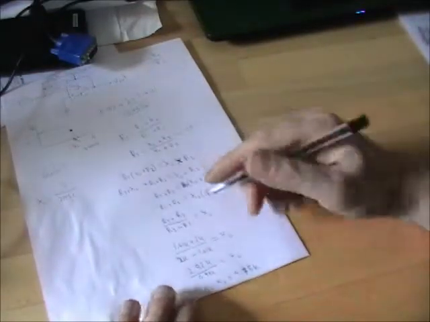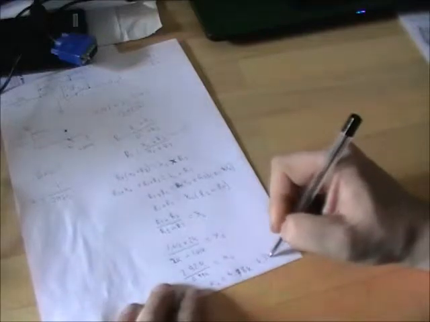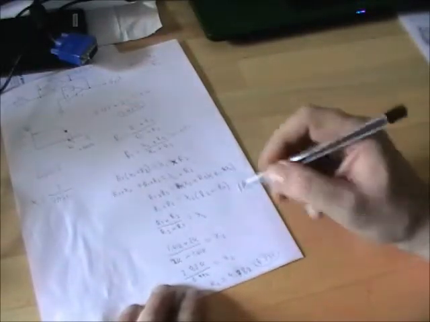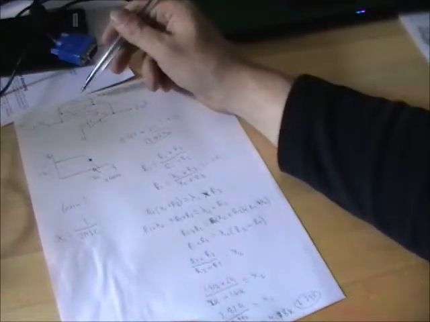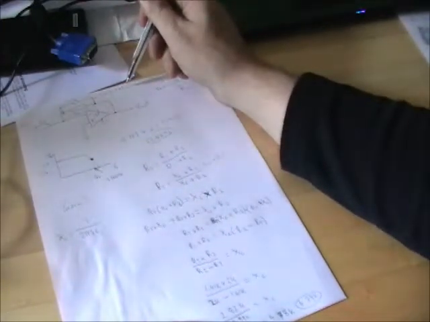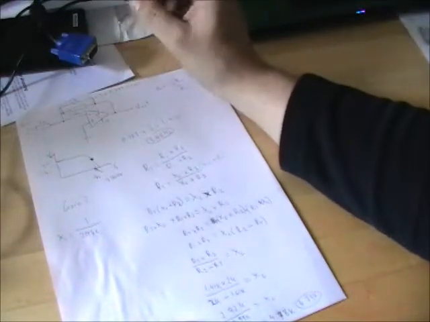Yeah. So that's the result I've got. Let me just write this down a bit more clearly. So it's 4.78K. That's what XC should be to get our desired result of 0.707, the cutoff point of 0.707. Okay.